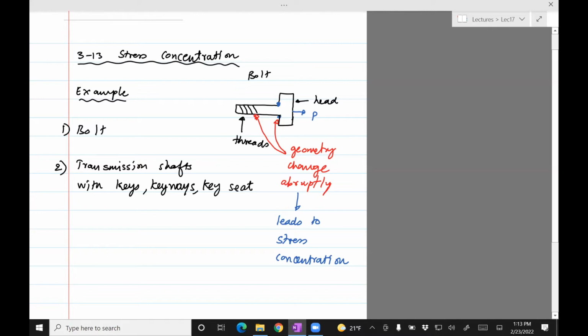This is a trick which is used to keep two shafts together. There are grooves in the shafts and in the two mating shafts, and then you put these keys so that the two pieces can hold on to each other tightly. So that would cause stresses. There would also be stresses in shafts with shoulders.